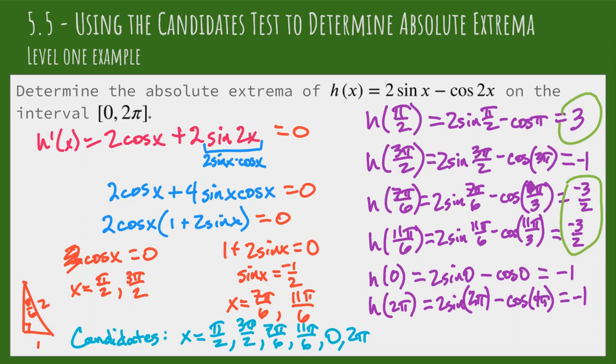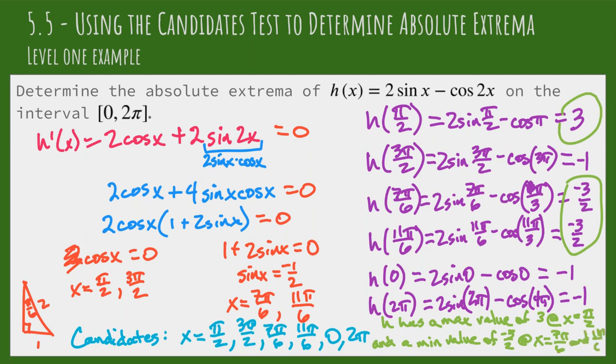So we have not much room to write this. h has a max value of 3 at x equals pi over 2 and a min value of negative 3/2 at x equals 7 pi over 6, and that's not a 6, 11 pi over 6.